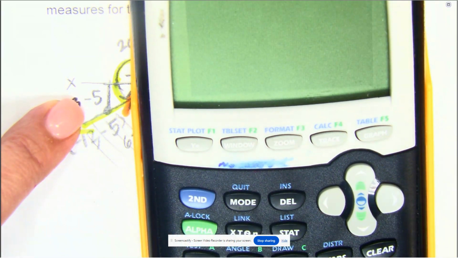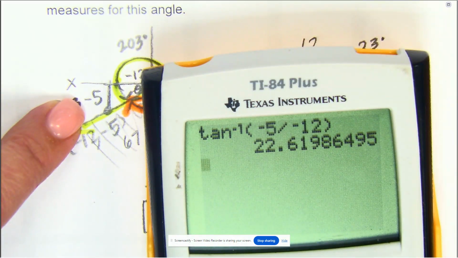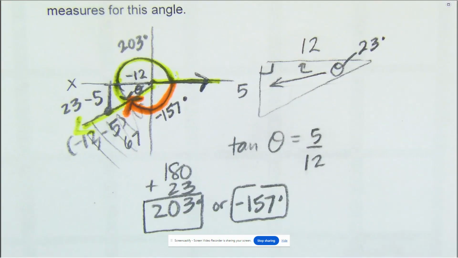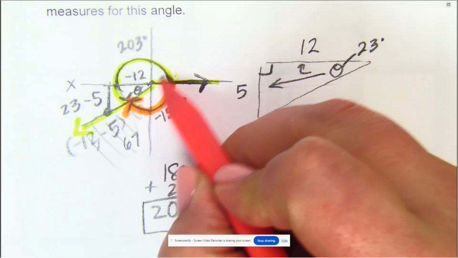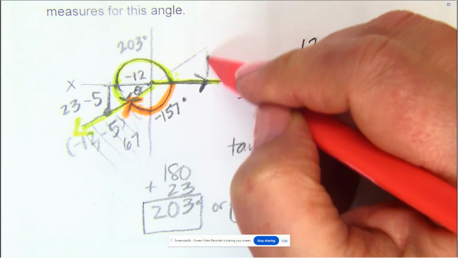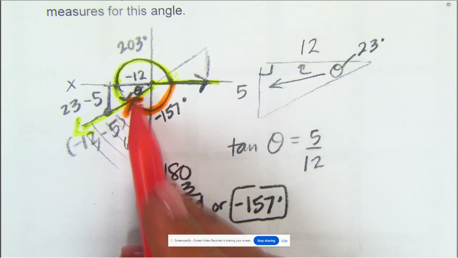Second tan, negative 5 divided by negative 12. And again, see how it spits out 23? But it's not 23 degrees. It's giving the triangle that was over here that was the same. But we have to know what quadrant we're in. We're over here.